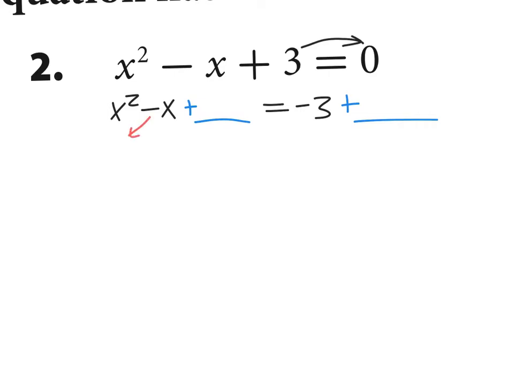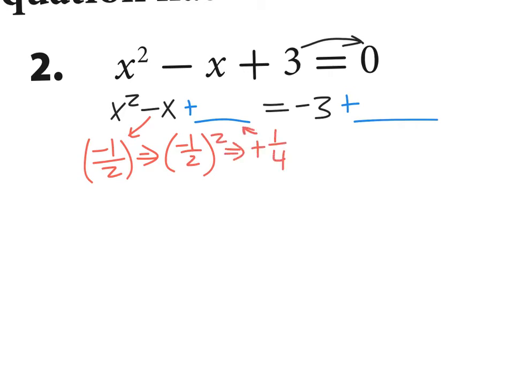So that plus whatever is, how do we get that? We take this, which is -1, divide that by 2. Then whatever you get, which in this case is a fraction, you square that, and that becomes plus 1/4, and that's what goes right here. So we have plus 1/4, plus 1/4.